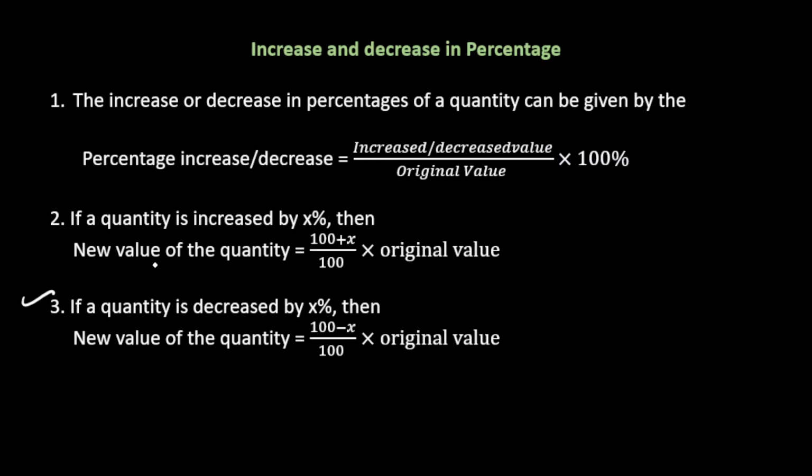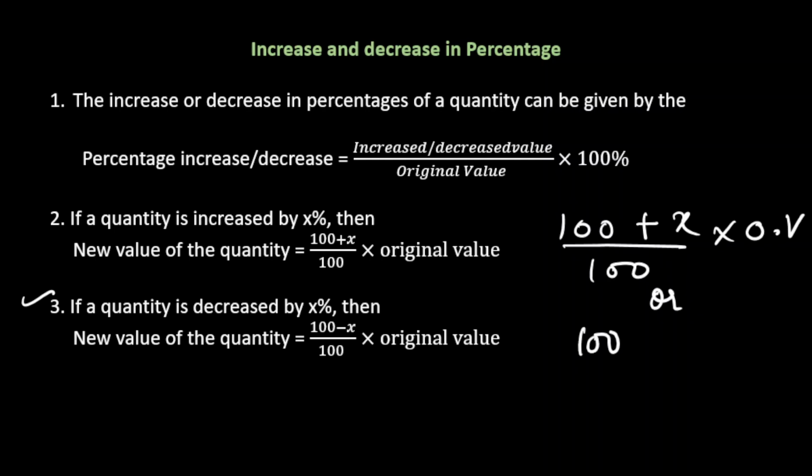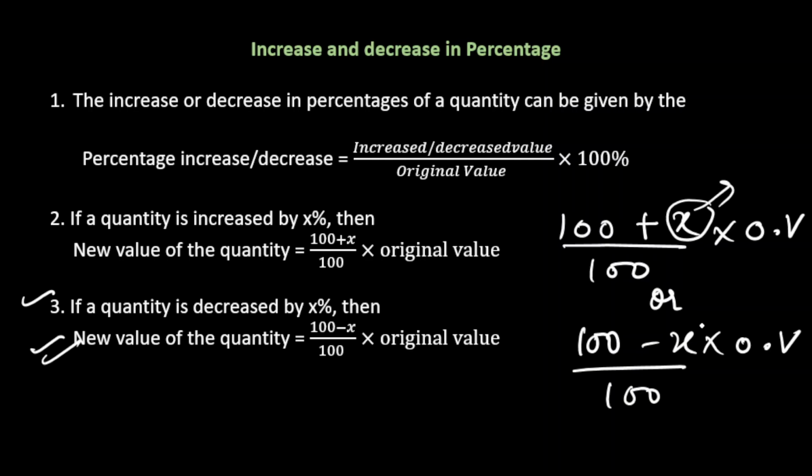Or if the quantity is decreased by x%, the new value is 100 minus x divided by 100 into original value. If it is decreased then minus, if it is increased then plus. Here x is the percentage increase or percentage decrease.